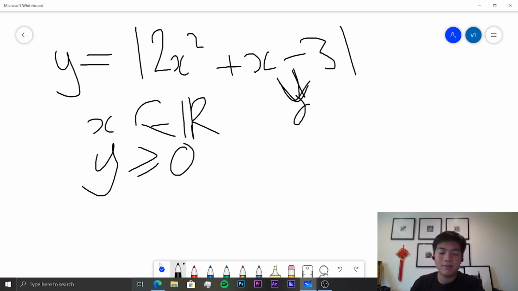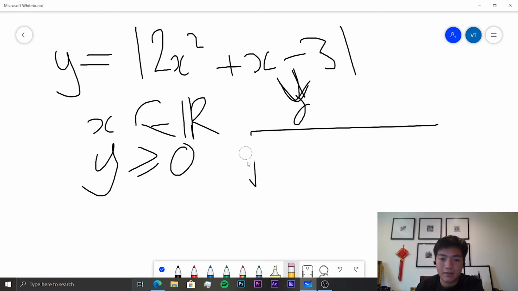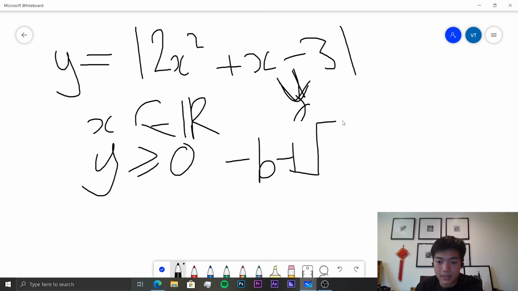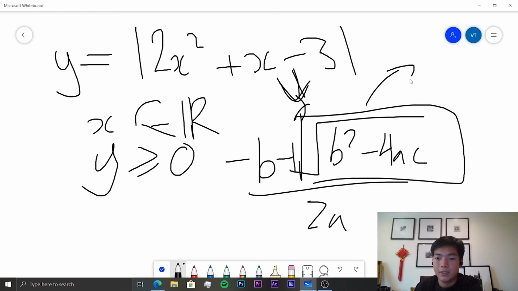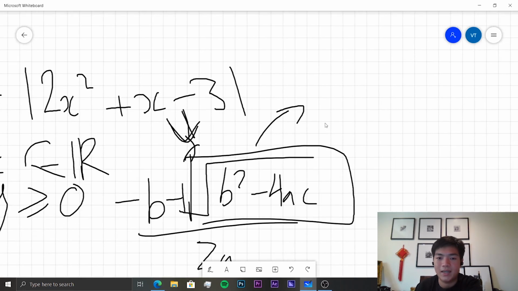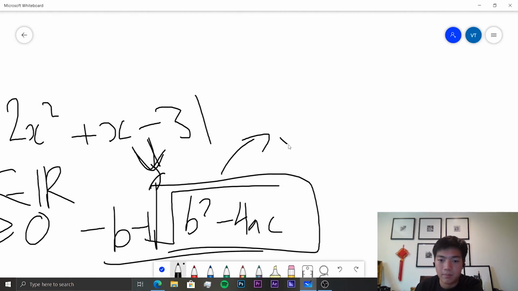I guess the only thing we would want to check is whether this function can actually reach 0, and if it does reach 0, it means it has a root. We do that by looking at the quadratic formula, which of course you know is negative b plus or minus the square root of b squared minus 4ac, over 2a, and we need to look at this part in particular, which is the discriminant. You use this to find whether the function actually touches 0 or not.